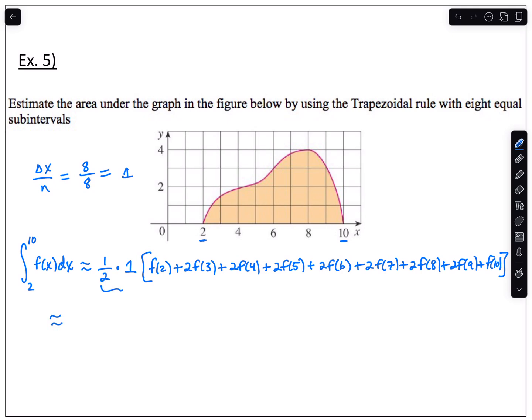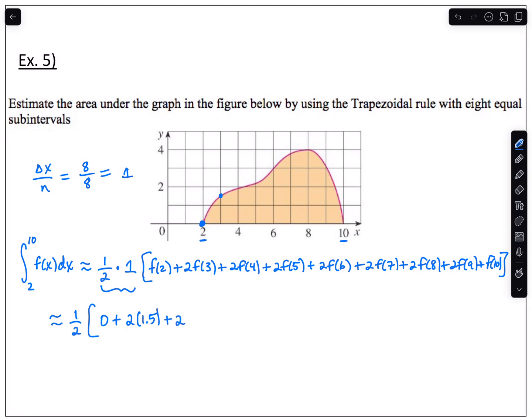So starting out front, 1/2 times 1, 1/2 as the coefficient. If I go to f of 2, there's probably no dispute about f of 2, 0, plus 2 times f of 3. If I go to f of 3, that's about halfway. So in my book, I'm going to call this 1.5.